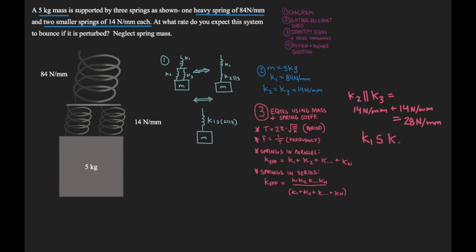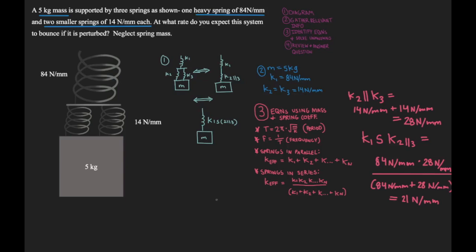Now we need to find the simplified series system, which is going to be 84 newtons per millimeter times 28 newtons per millimeter, our effective spring coefficient for the parallel springs, divided by 84 newtons per millimeter plus 28 newtons per millimeter. And that equals 21 newtons per millimeter.